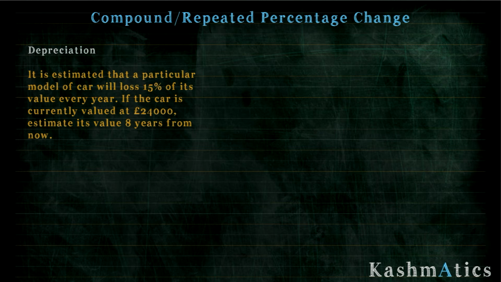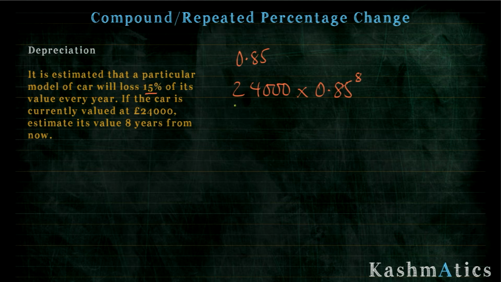Now depreciation calculations are a little bit trickier because you need to understand what the multiplier is. So if something is losing 15% of its value, that means 85% of its value will be left at the end of each year. So my multiplier in this case is 0.85. So just like before, I've got the initial value over here, which is £24,000, multiplied by 0.85 to the power 8, because this is happening over a period of 8 years.